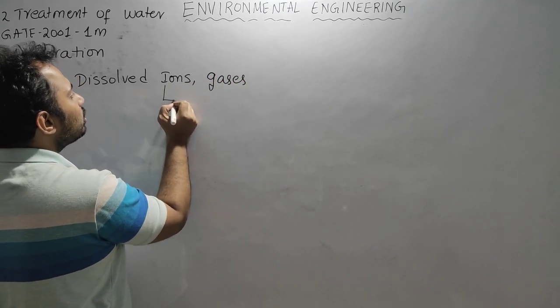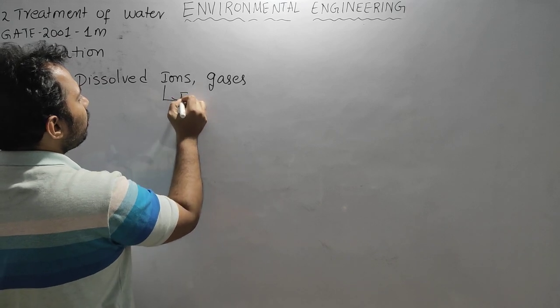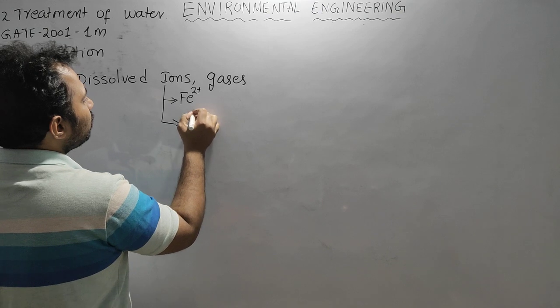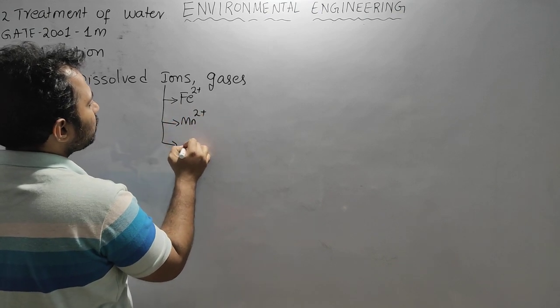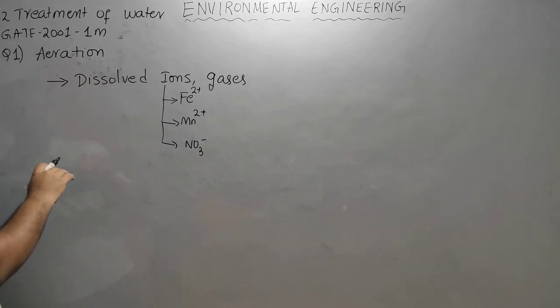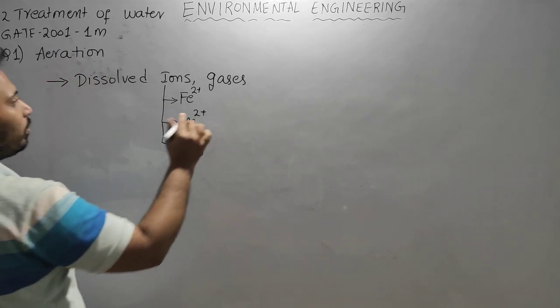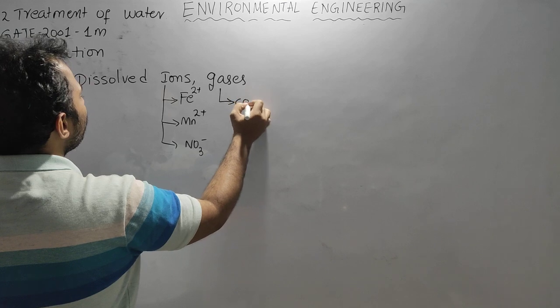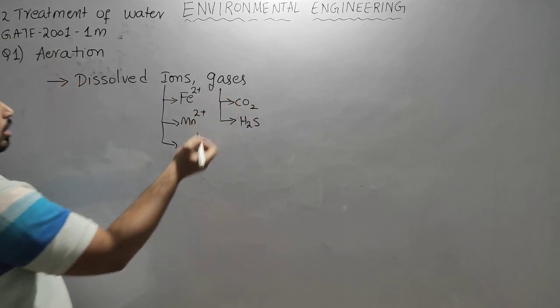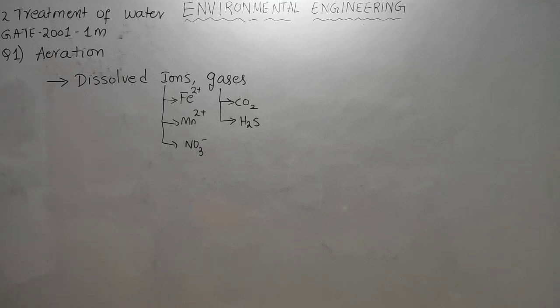Dissolved ions means Fe2 plus, Mn2 plus, NO3 minus. Likewise some kinds of dissolved ions can be removed by aeration, and dissolved gases means CO2, H2S. These kinds of gases can be removed by aeration.